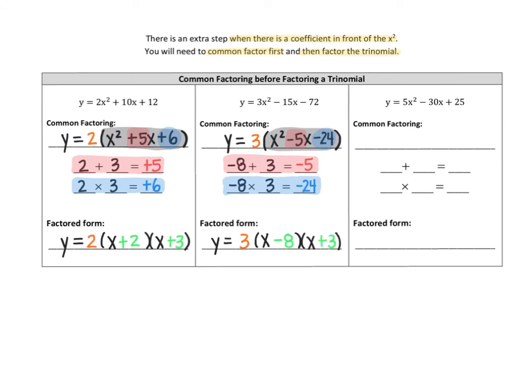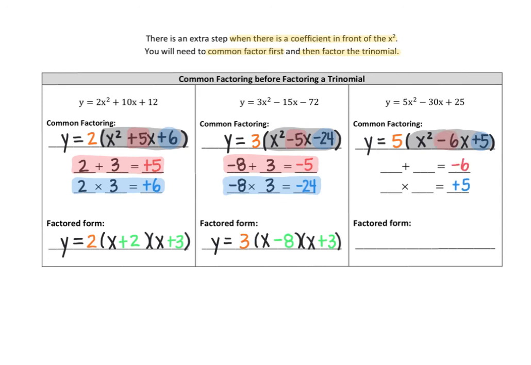In our last example, we can factor a 5 from all three terms. So we'll have 5 outside the brackets, and inside the brackets we'll be left with x squared minus 6x plus 5. We will need two factors that multiply to give us positive 5 and add together to give us negative 6.